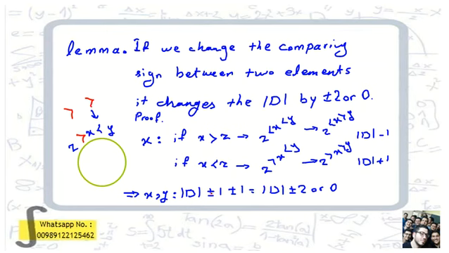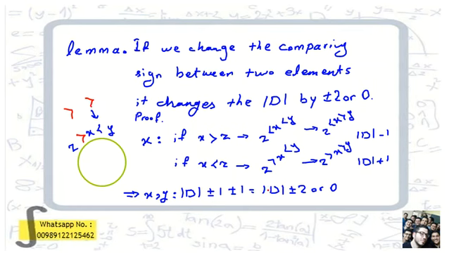Similarly we can consider y, and the number of d would change by 1. For x it would be plus or minus 1, and for y again it would be plus or minus 1. So the number of d in all would change by plus plus, minus minus, or plus minus, or minus plus, which would be 0. So the number of elements in d won't change or would change by plus 2 or minus 2.